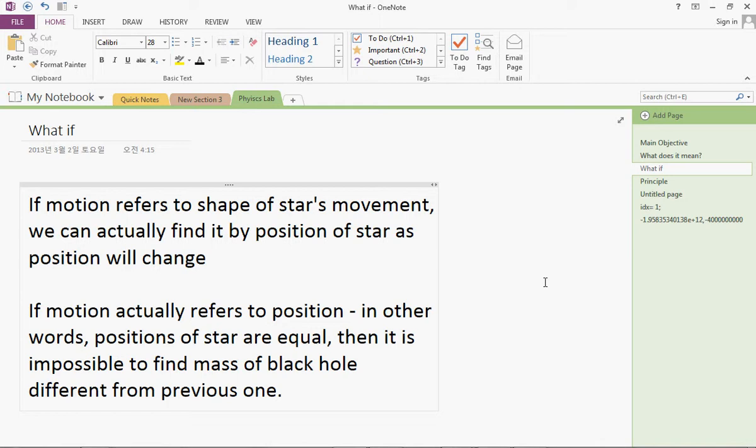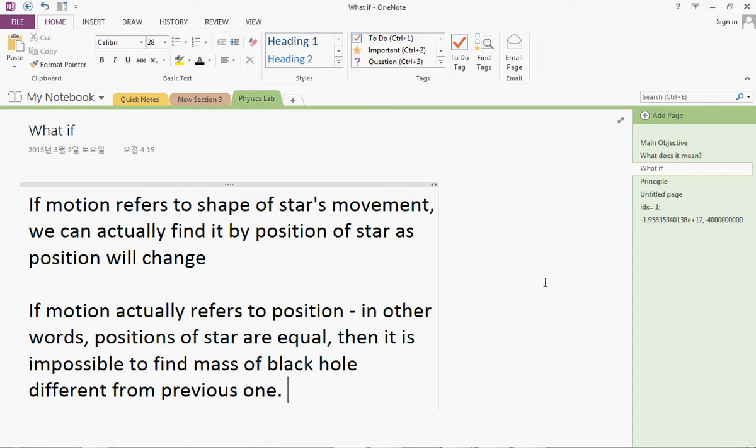It looks like it goes the same way, but the positions might be different. If you get new position data, since the gravity is different as the mass is different, you will see the position of the star will be different. Based on that, we apply the same method and you will find the more massive black hole.